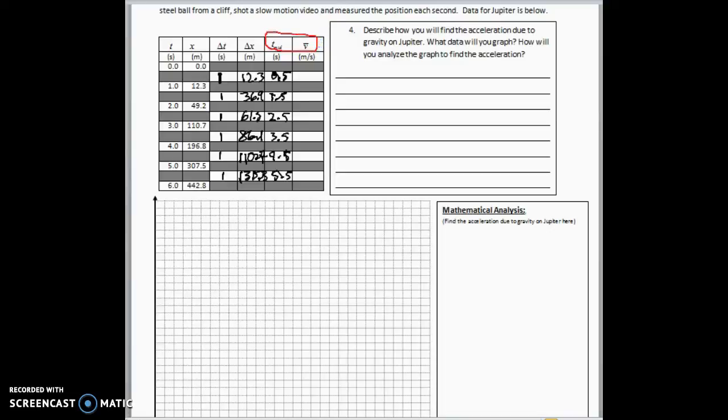Sound good? All right. Now, how we find velocity is change in position divided by change in time. So it would be 12.3 divided by 1, 36.9 divided by 1, and so on, right?